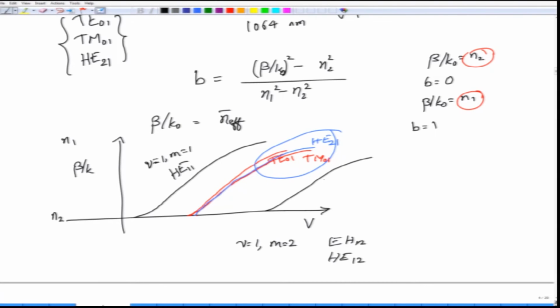So, this is the HE12 solution, and then you also have the EH12 solution, or rather in fact you do not get the EH12 solution, at this point you start getting the EH11 solution. Okay, EH11. EH12 will come even later than this one. Okay. So, you also have another mode which is HE31, which is going in between these two. So, there is HE31. Okay.